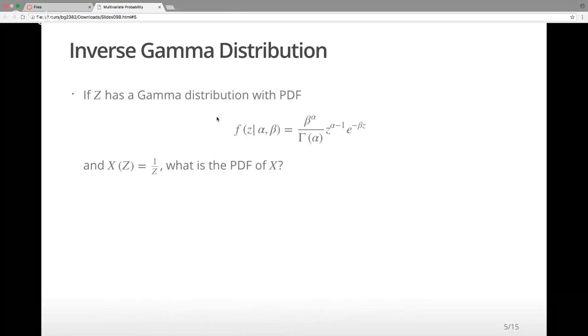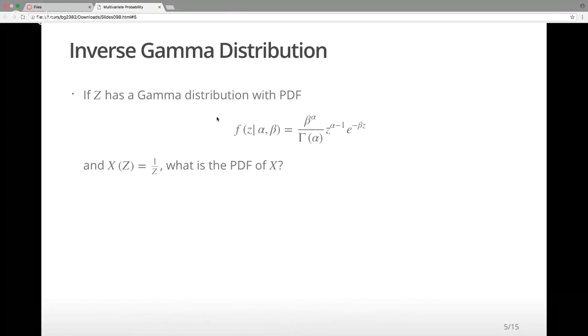If a scalar random variable z has a gamma distribution and consequently has the following PDF, and x is a function of z, namely the reciprocal of z, what is the PDF of the random variable x? How do we go about figuring that out?